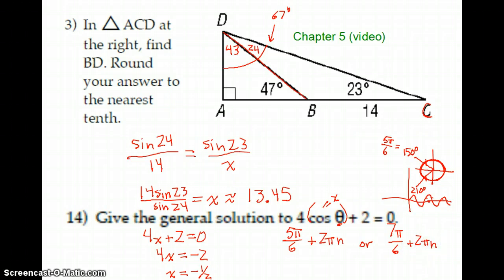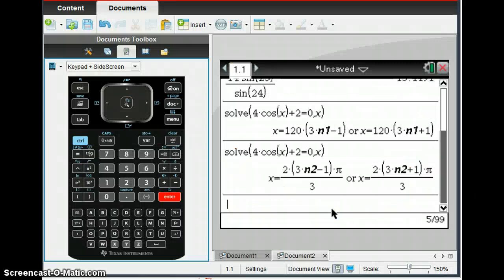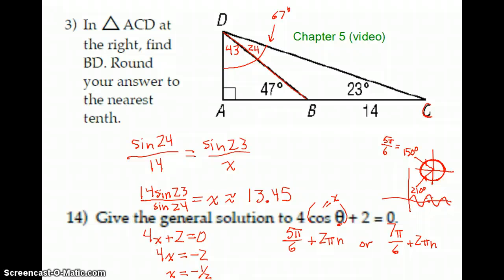Oops, I just did that in the calculator and I realized I did something wrong. First of all, isn't this cool? I did it in radians. If you do this in radians in the calculator, just say, solve this for me, please, it does that. And looking at that closely, I realized I did this wrong. This isn't 5 pi over 6. This isn't 150 and 210. I was off by 30 degrees, and that's an easy mistake to make. This is 120.